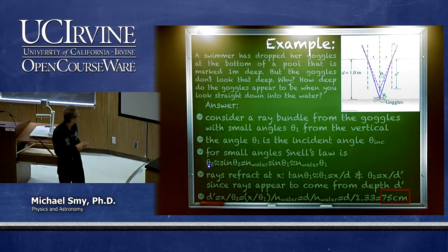So in this case, theta 2 is approximately sine theta 2, which by Snell's law equals n water times sine theta 1, which is approximately n water times theta 1. So Snell's law becomes a lot simpler in the small angle approximation: simply theta 2 equals n water times theta 1.